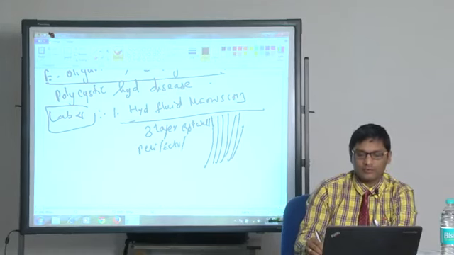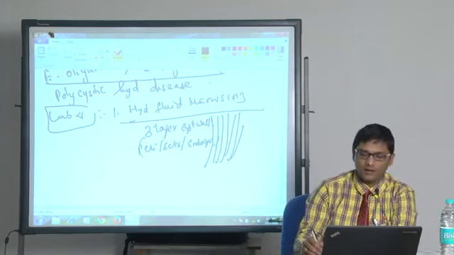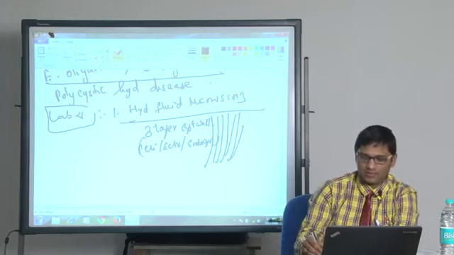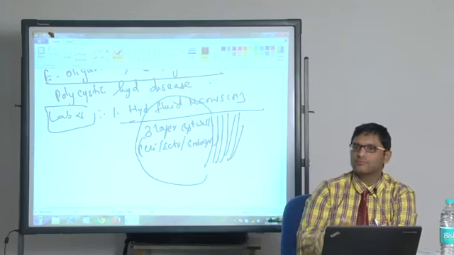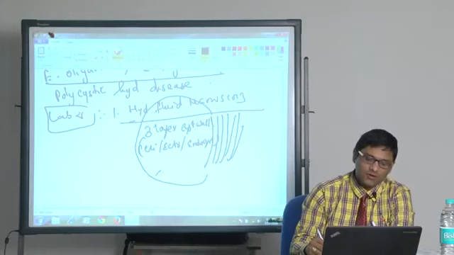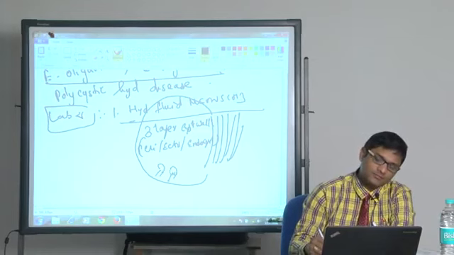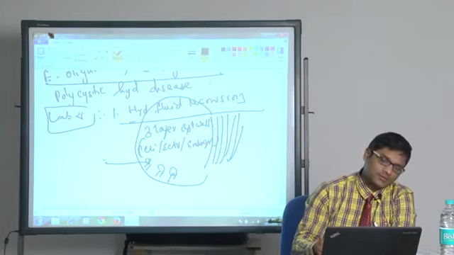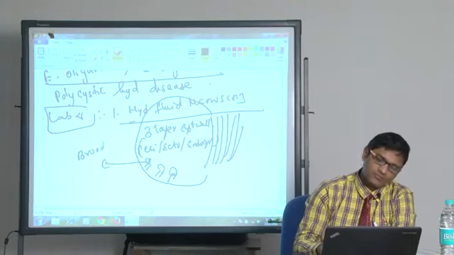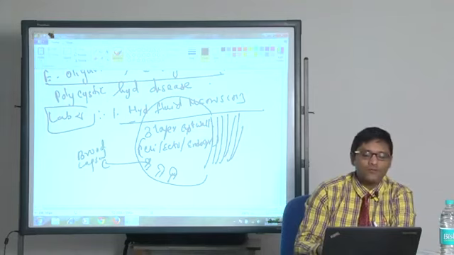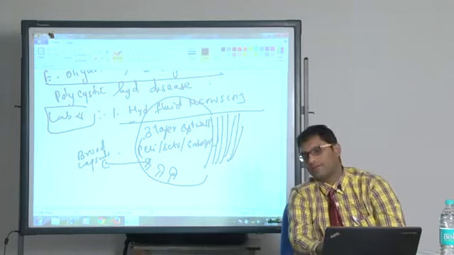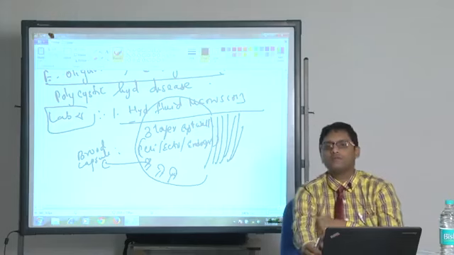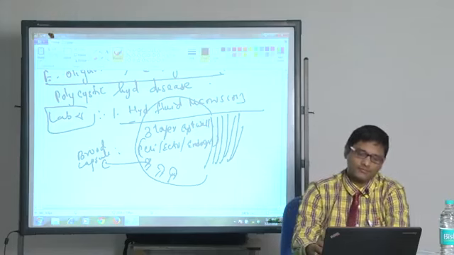I have just drawn a section of the cyst; otherwise the cyst will be like this. To the cyst wall the brood capsules will be attached. Brood capsules will form the adult form in future.